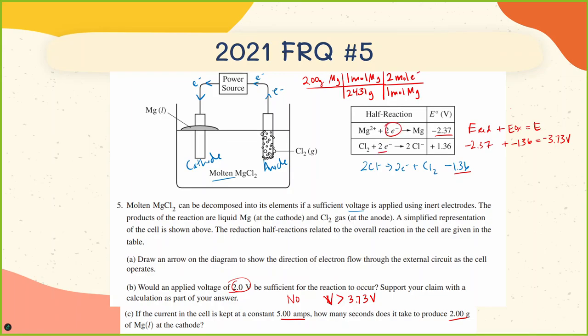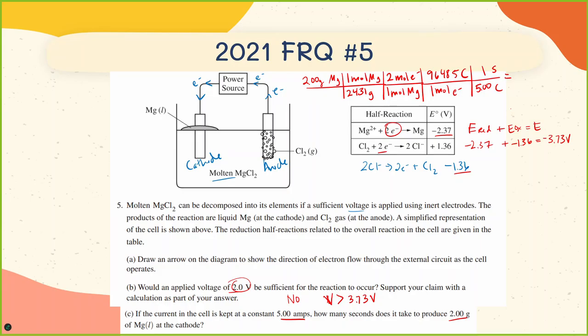These are both 2s. 1 mole of the electrons is 96,485 coulombs, Faraday's constant. The amps are 5. Oops, putting that in the wrong spot. Hold on. 5 goes on the bottom because coulombs goes down below. So coulombs goes down here, seconds goes up here, so the 5 goes down here. And it just wants seconds, so we get to stop there, which is nice.